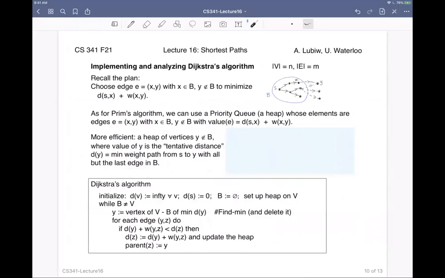So I would like to say a little bit about implementation before I describe the pseudocode that uses this implementation. If you remember, our plan is that we're choosing one edge leaving the set B to minimize this.